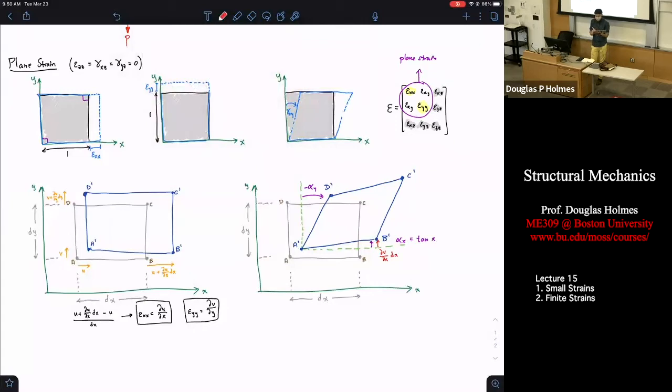Change in v relative to a change in x over a distance dx. And here we have the same thing. We can say change in u, because we're moving in the x direction, relative to a change in y over a distance dy.